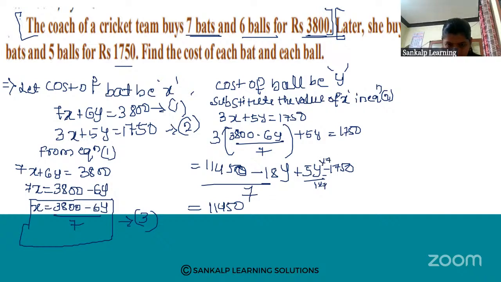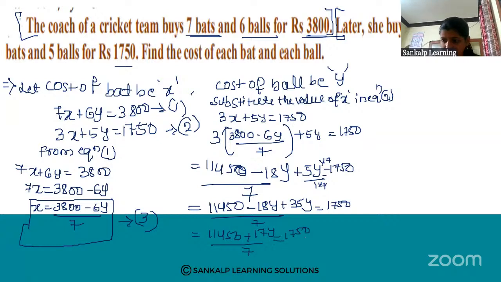So 11,450 minus 18y plus 35y, 7 5s are 35y, divided by 7 is equal to 1750. This is minus 18y, this is plus 35y. Then ಏನು ಸಿಗುತ್ತೆ ನಮಗೆ, plus 17y. 35 minus 18 is 17y divided by 7 is equal to 1750.